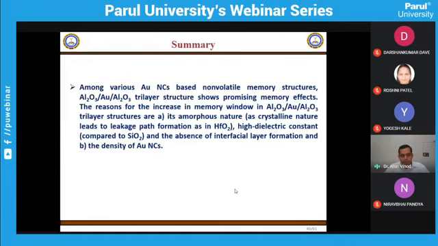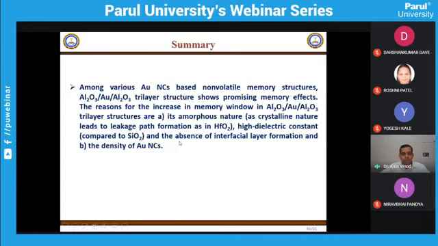The reason for this increase in memory behavior in Al2O3 gold Al2O3 is that, as shown in XRD, it is amorphous, but in the case of hafnium oxide, it was crystalline.